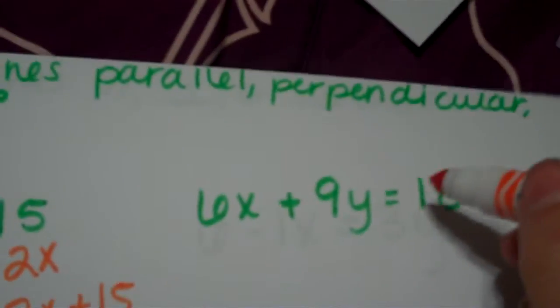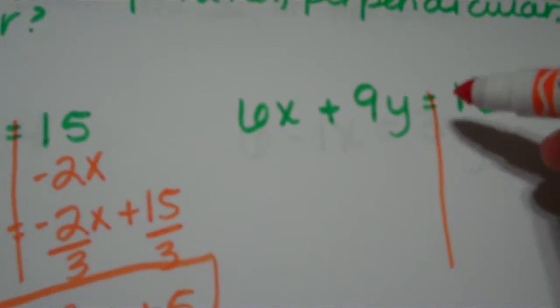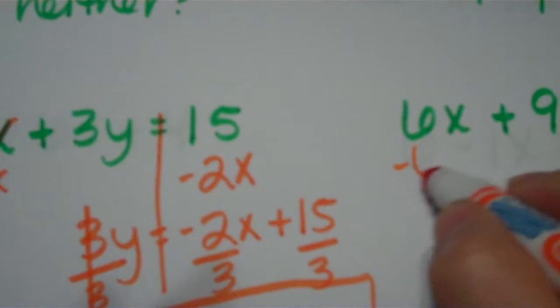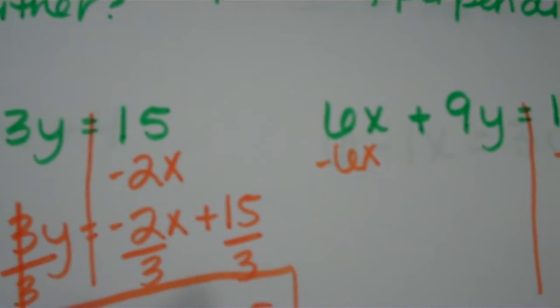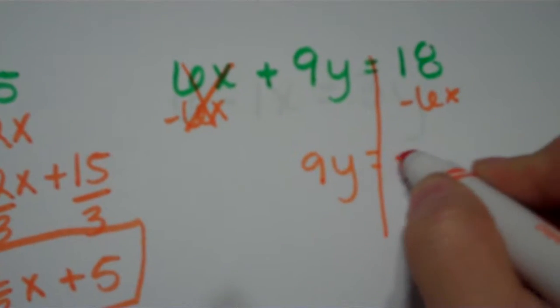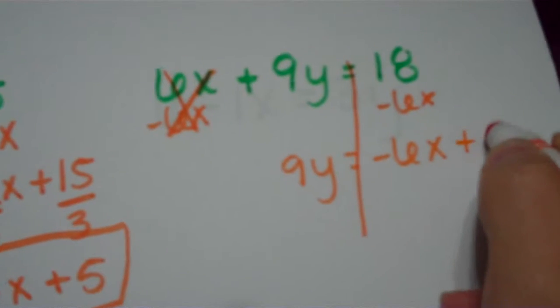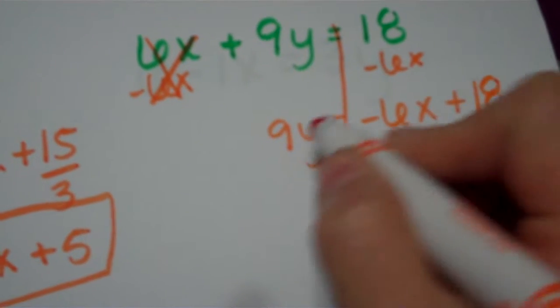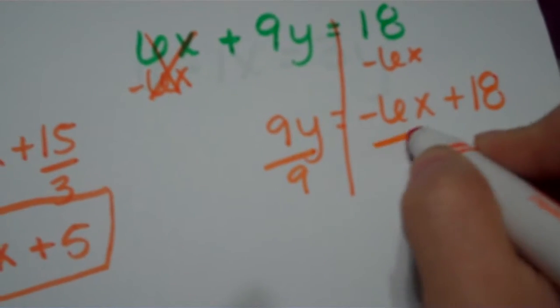I'm going to draw my line here. I'm going to subtract 6x. That goes away. I'm left with 9y equals negative 6x plus 18. If you put 18 minus 6x, that's fine. And then we divide by 9.